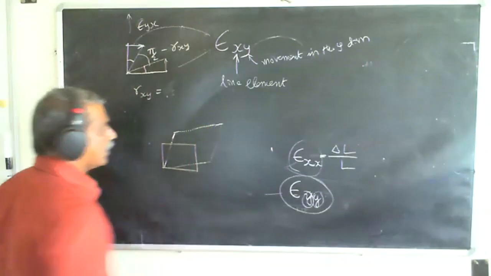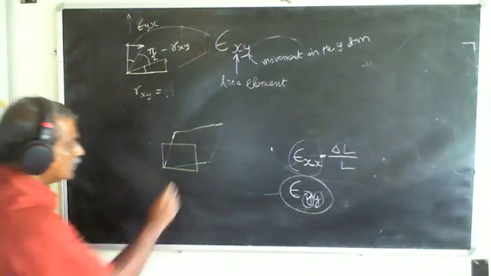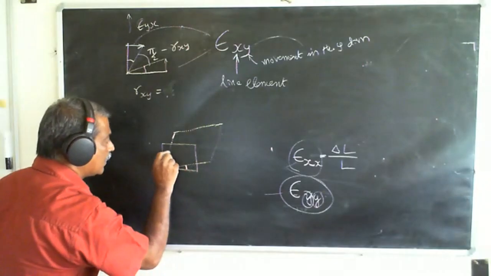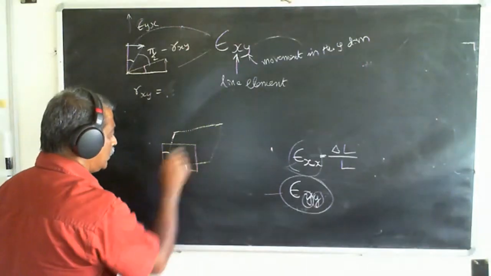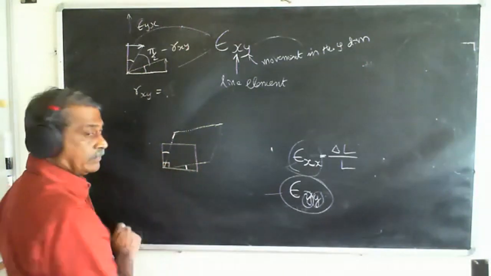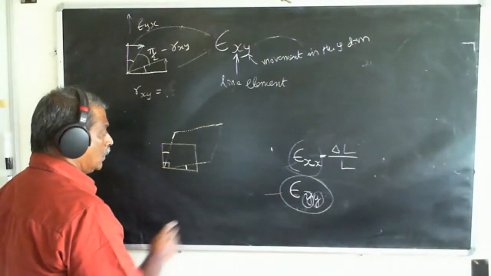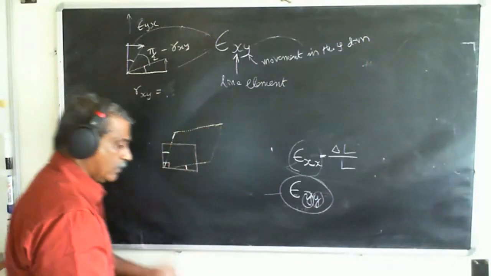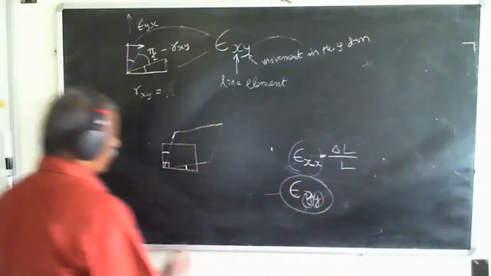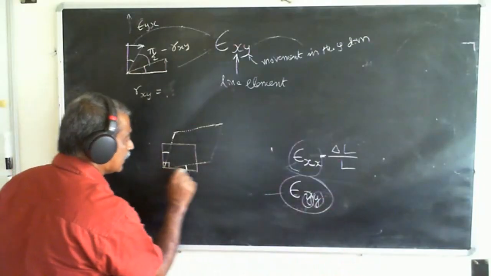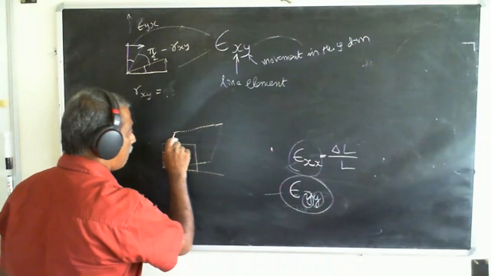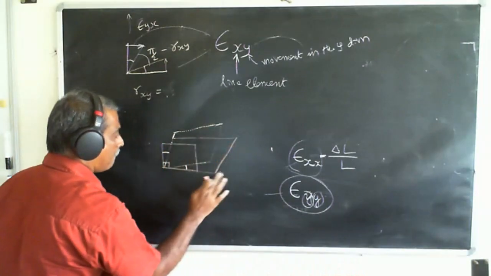Now it has become like this, right? This is one angle that I have. This is the other angle I have, right? Initially it was perpendicular like this. Now it has changed in angle. I can always rotate this fellow and make it into something that is like this. Can I not?